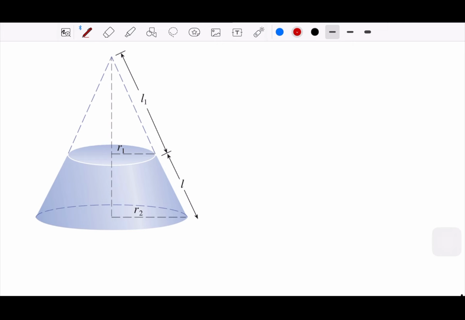There are two cones here, the big one and the small one. So let's subtract them: the big cone minus the small one. The radii are already there, and we have L and L1, so we can formulate the surface area.